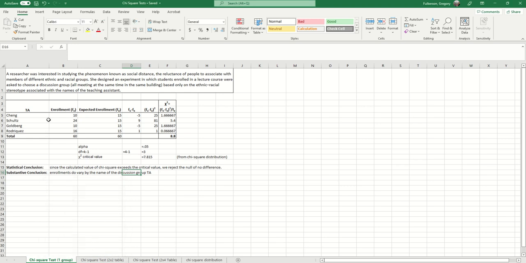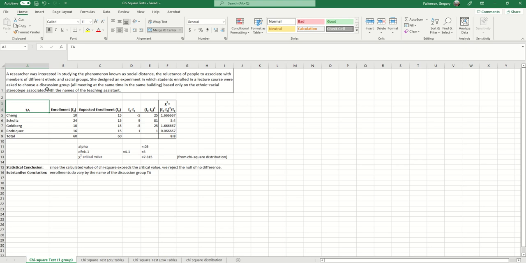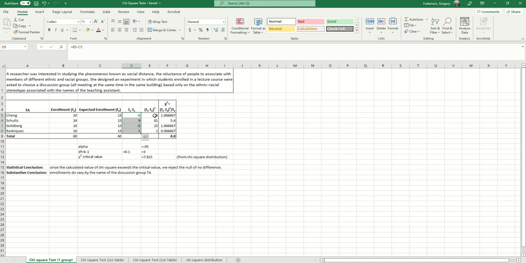And then once you create a copy, you can change what this is for, you can change the number of cases, right? The number of rows, change the problem. You just want to make sure that if you are adding rows, the formulas are also added to the new rows, and that ultimately you're calculating the correct chi-square.